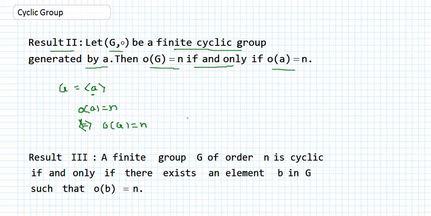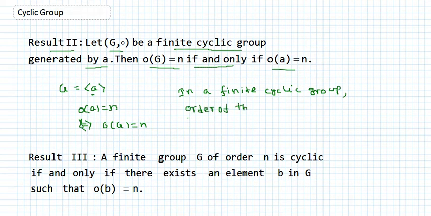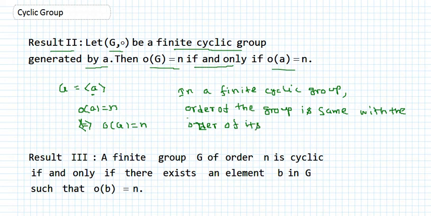So remember that in a finite cyclic group, the order of the group is the same as the order of its generator.